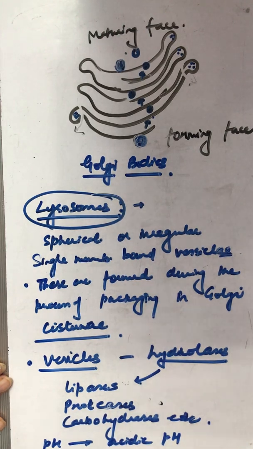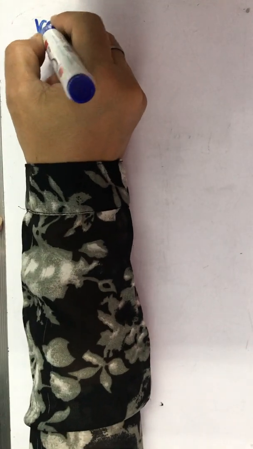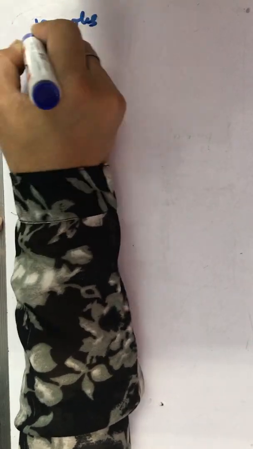Then the fourth one in this category is vacuole. Vacuoles, we know, are meant as the storage particles.